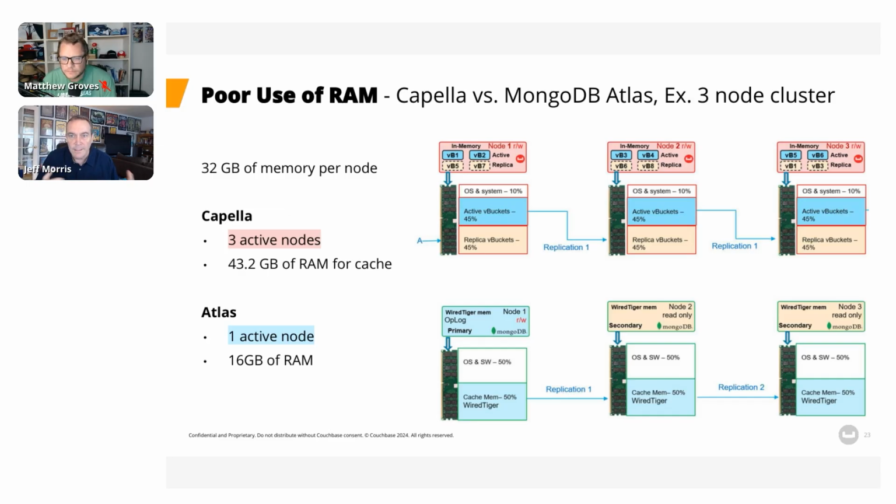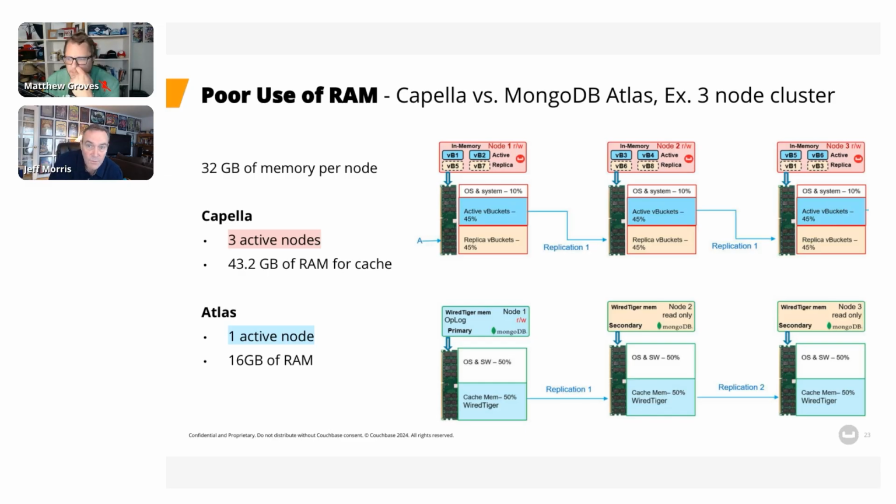And it's a leader follower kind of design. So one node takes all the writes, and then it spreads them out for read access to its replicas. And when you set up for that, you have to dedicate about half the RAM for each node to running the operating system and the database itself.